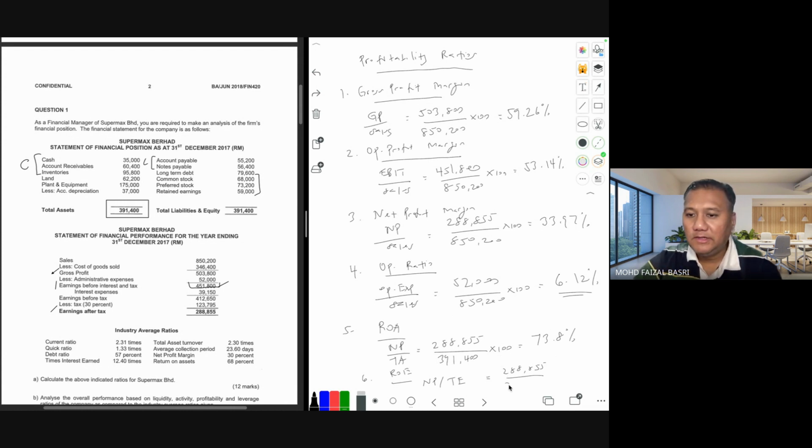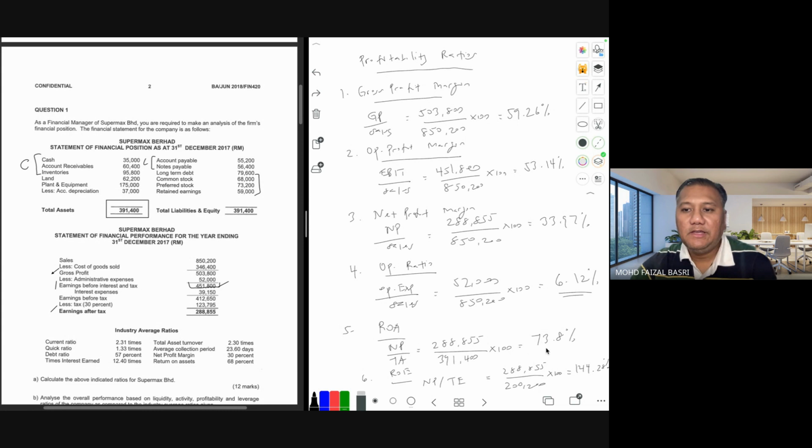So 200 tadi, 200,200. So 288,855 by 200. Okay, dia punya ni number figure dia lebih kurang sama, 144.8%.